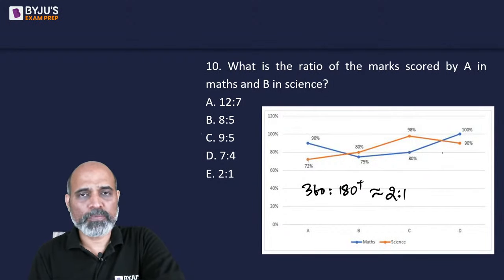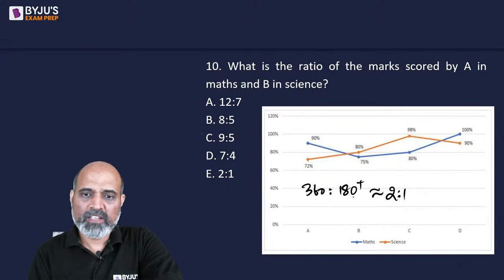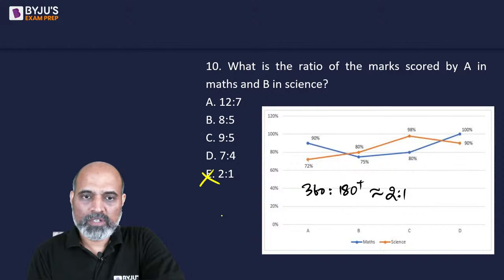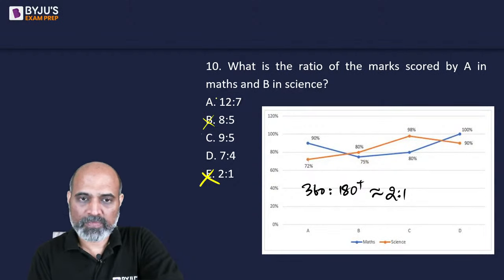So actually it should be less than 2. Right? So double से थोड़ा सा कम. So it can't be E for sure. It can't be B for sure, क्योंकि डबल से बहुत कम है ये. A भी काफी कम है.